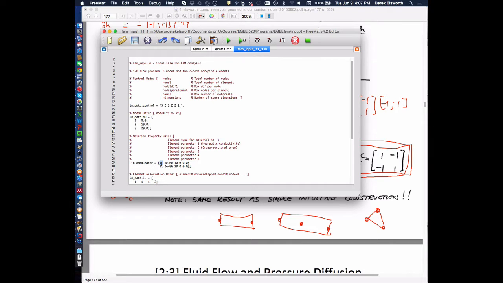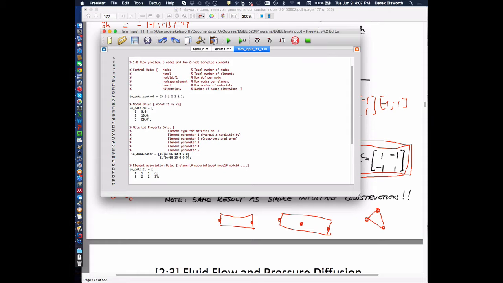It's just a terminology I dreamt up. The conductivity of element number 1 is 10 to the minus 6 meters per second. The length of element 1 is 10, and the cross-sectional area is 10 high by 1 into the page. So the area is 10. The other element is double the conductivity and the same height.